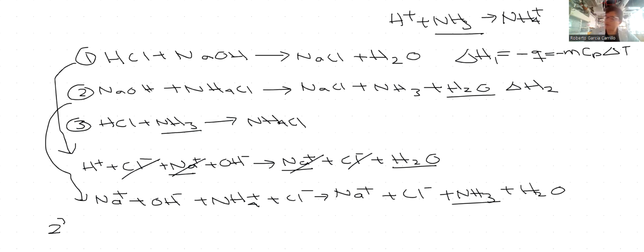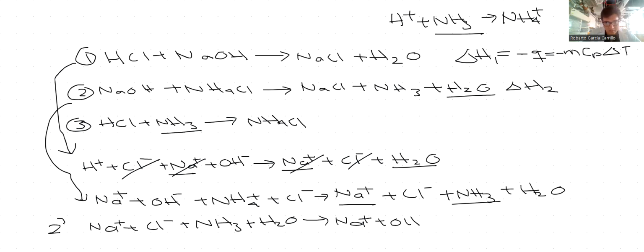We write down all the products as reactants, and all the reactants as products. We see we have spectator ions here and here, here and here.